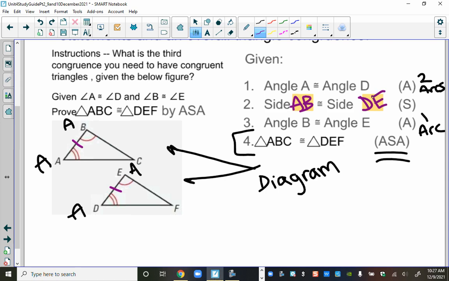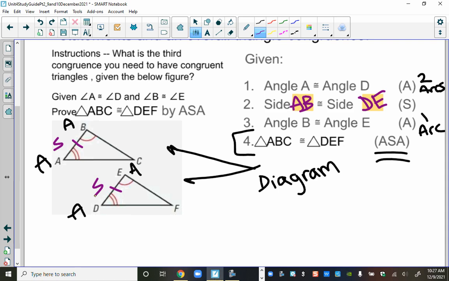Because now, this side was congruent. They're saying this side is congruent. Now do we have our angle side angle deal? Yeah, we do. Because in the end, we found out these two angles are congruent to these two respectively.